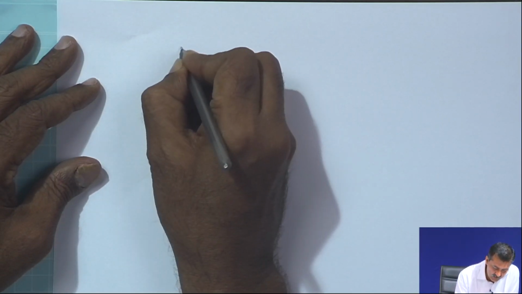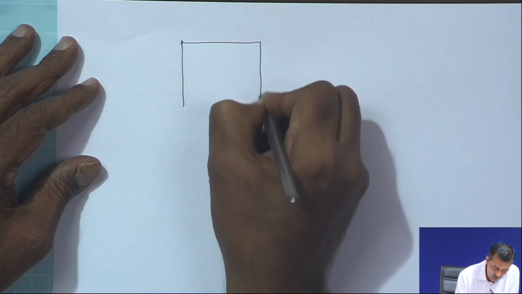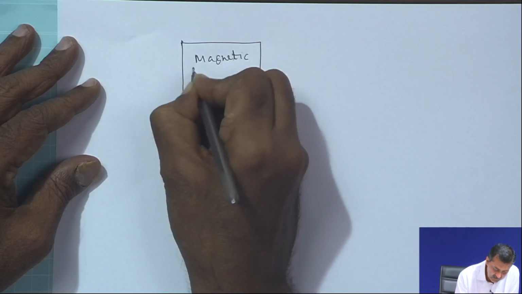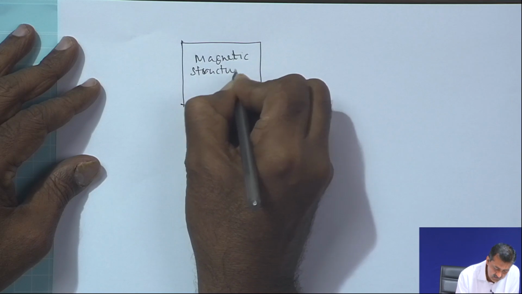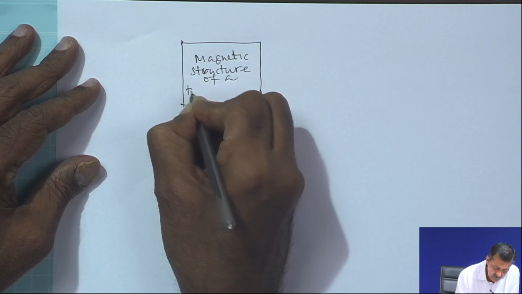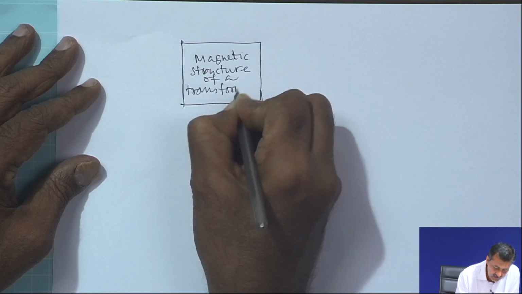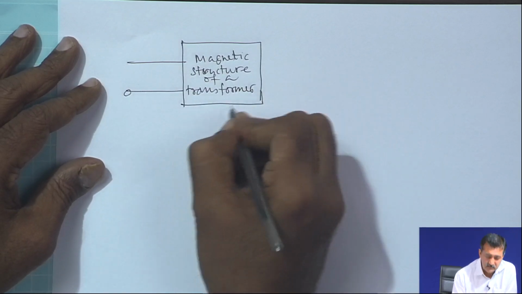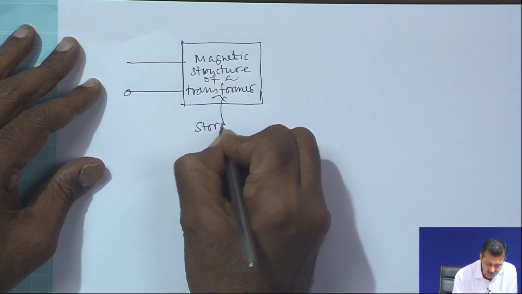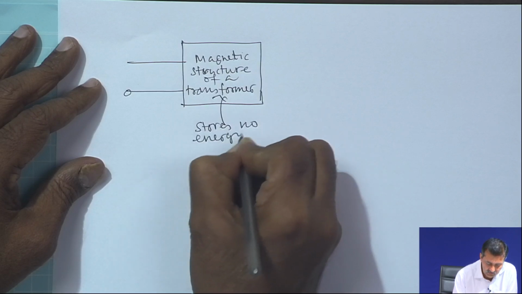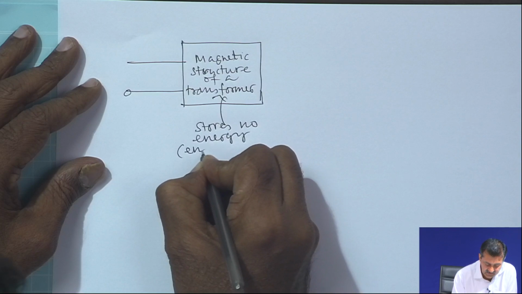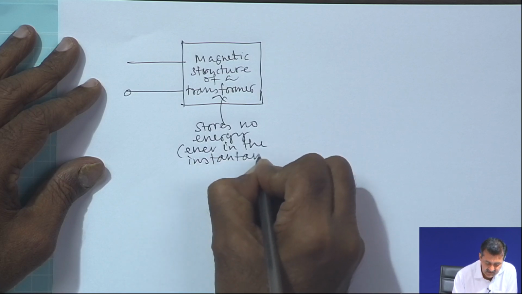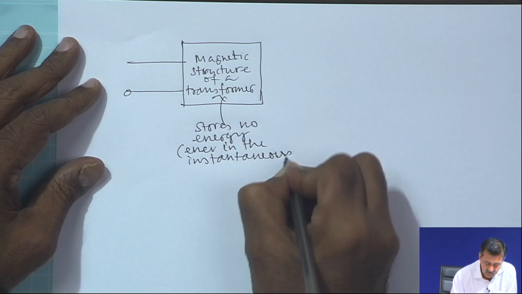Whereas, if I look at a transformer as a black box, the magnetic structure of a transformer stores no energy, even in the instantaneous sense.